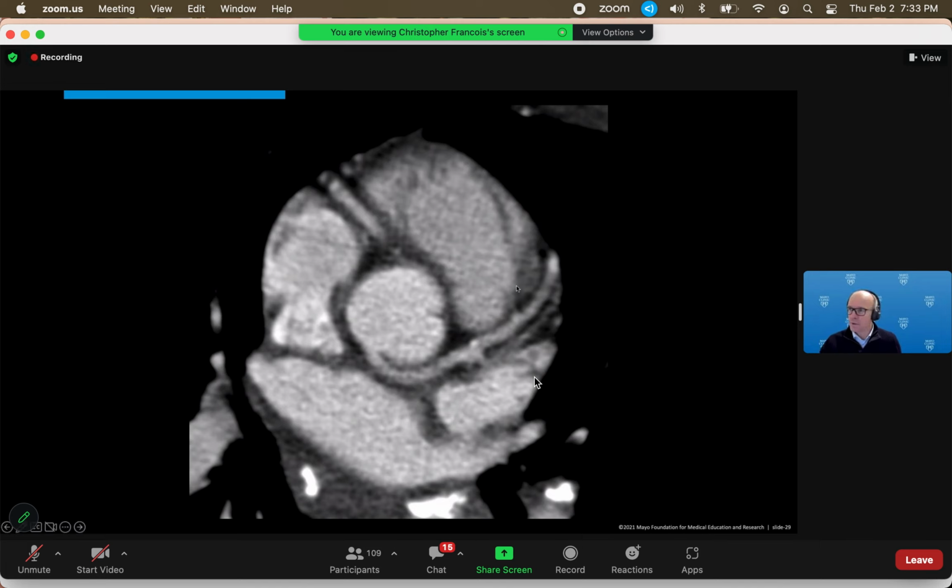Now, the question I have for you is, are you worried about this? Is this something that needs to be repaired? If the patient has chest pain, is this the cause of the patient's chest pain? No, I don't think it's a worrisome anomaly. Yeah, correct. So this is sort of an incidental finding. If the patient has chest pain, this is not the cause of their chest pain.